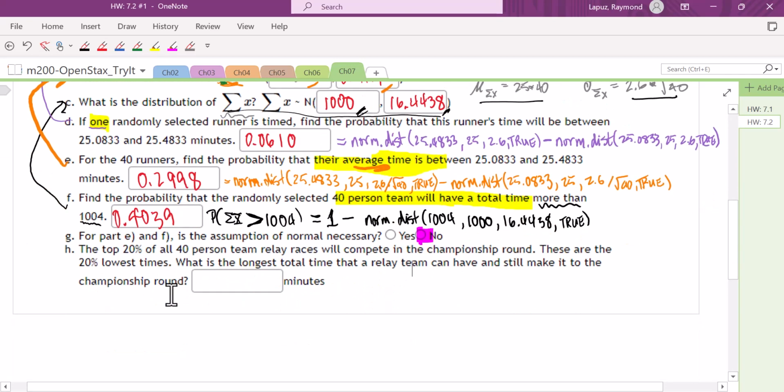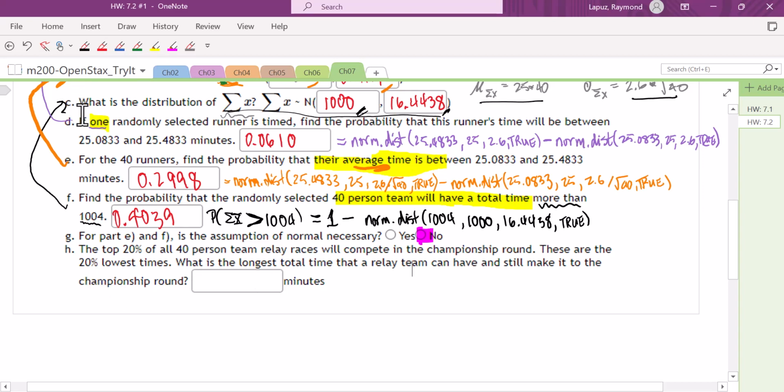All right, one more question. The top 20% of all 40-person relay races will compete in the championship round. These are the 20% lowest times. What is the longest total time that a relay team can have and still be able to make the championship round?